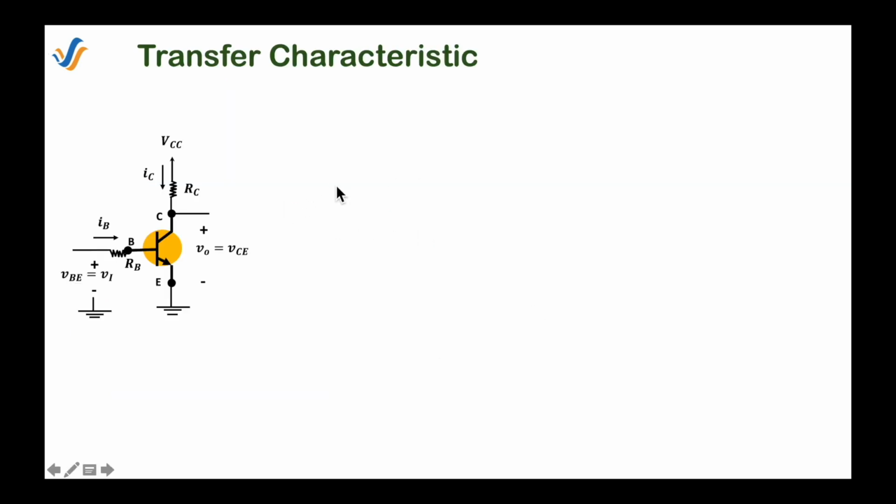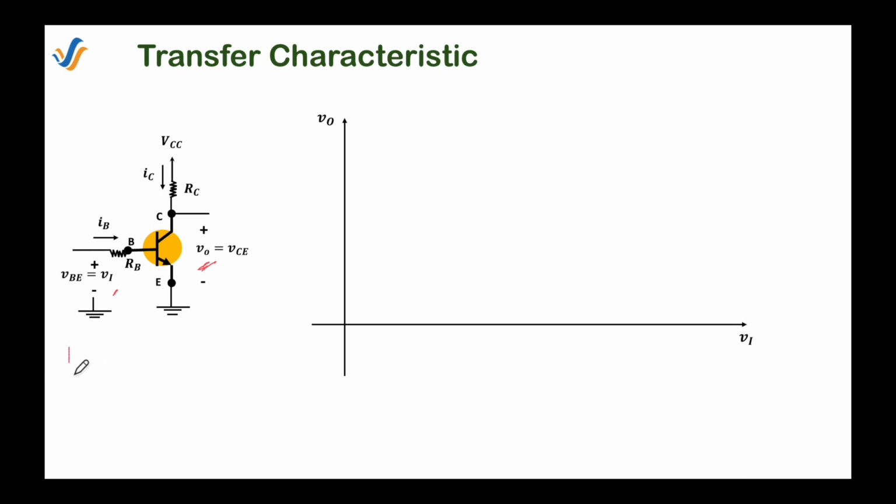Now to understand the basic concept, let's once again take this common emitter circuit and focus on its transfer curve. The transfer curve is made between the output voltage and the input voltage. The first point is when the input voltage is less than 0.5 volt. This is an approximate value. When it is less than 0.5 volt, are both the emitter base junction and the collector base junction forward biased or reverse biased?